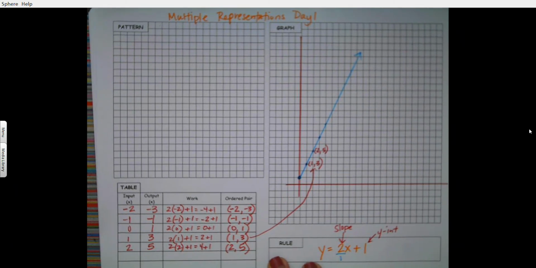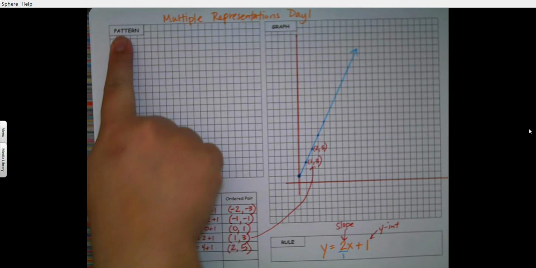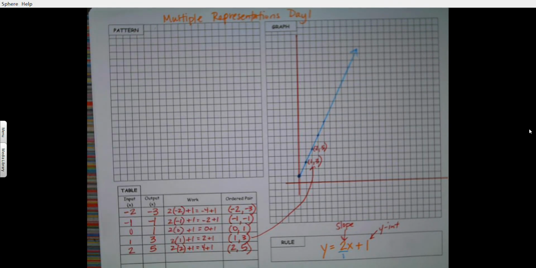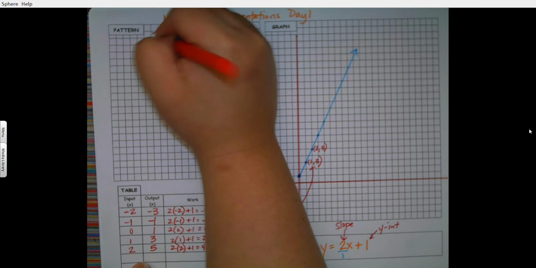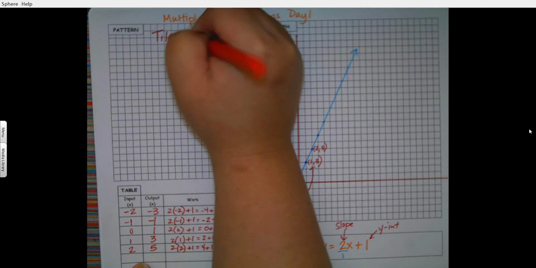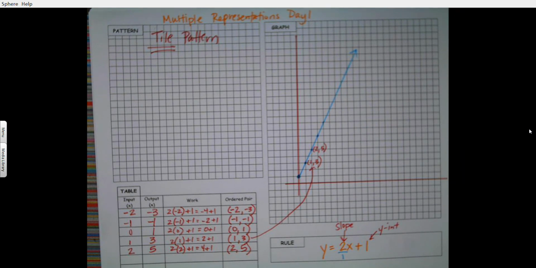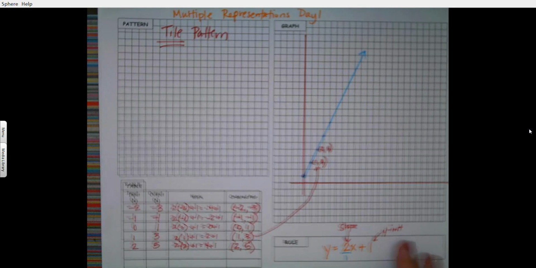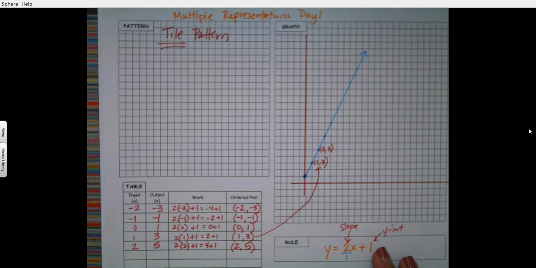Now my pattern. Your pattern you guys haven't seen in a long time. What I'm looking for is a tile pattern. Tile pattern, like show me the number of tiles in the 0th figure, in the first figure, the second figure, the third figure. With tile patterns, you get to choose what your tile pattern looks like, right? Your tile pattern could look different than my tile pattern.